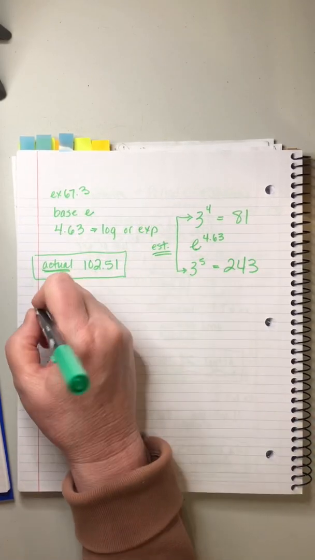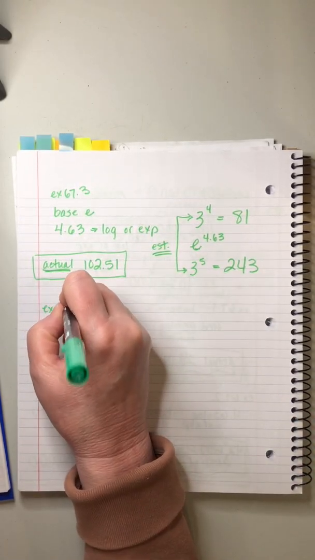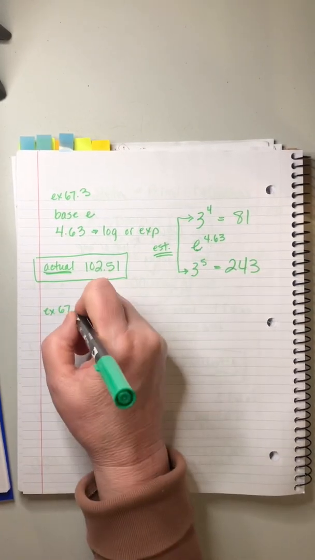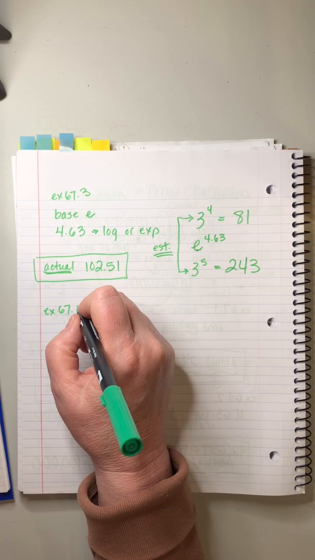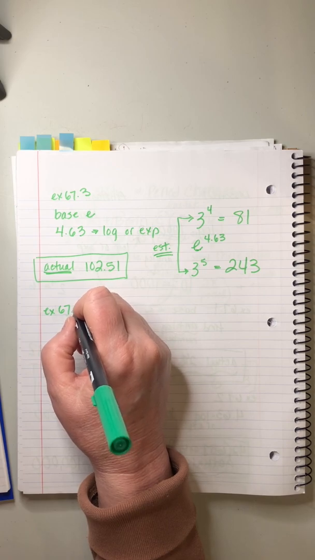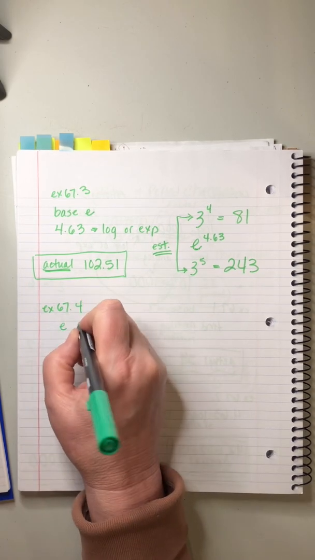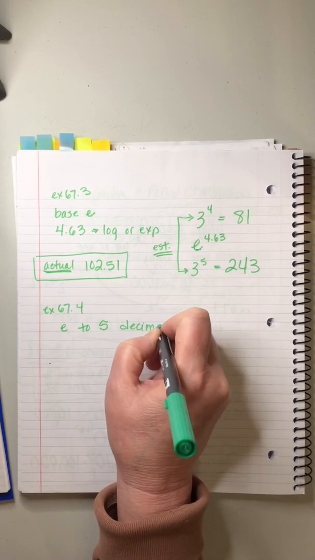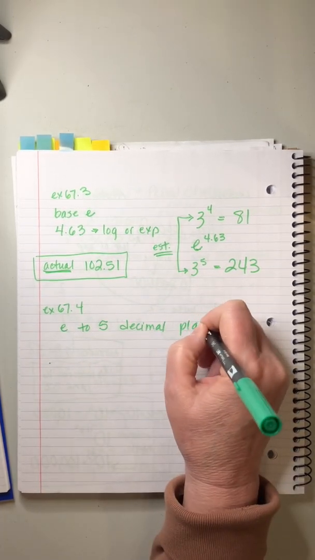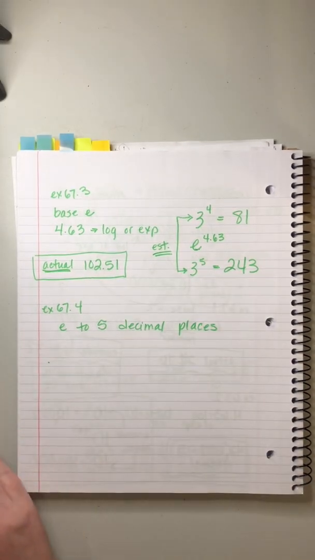We're happy with it. This is the one I was saying would have been helpful for this problem. How does anyone remember what E is anyway? And it says, write the value of E to 5 decimal places. Well, how the heck are we supposed to remember what E is? Here's the trick.